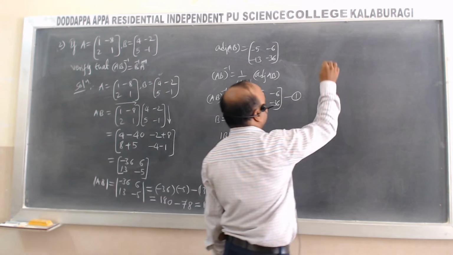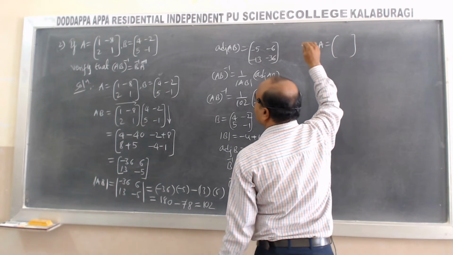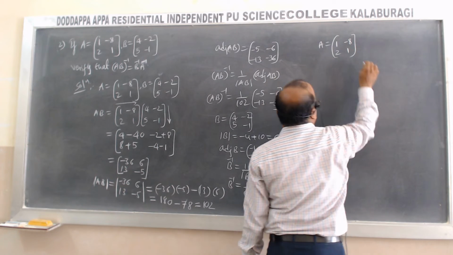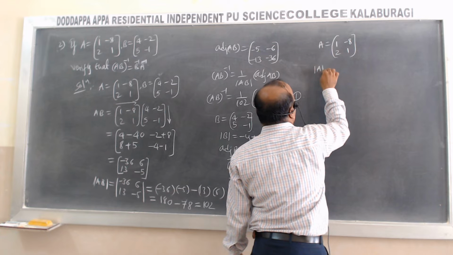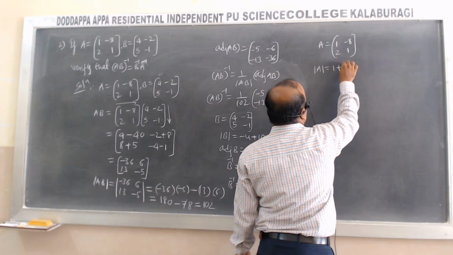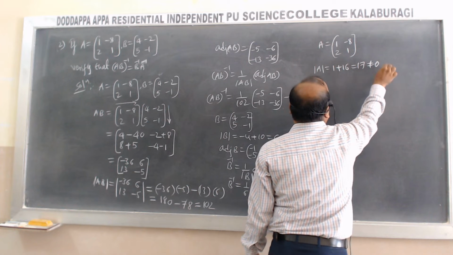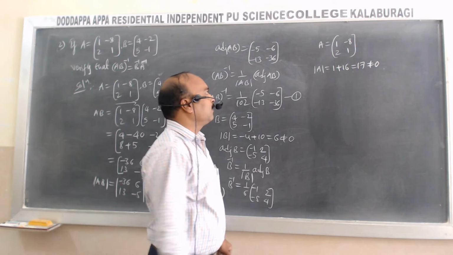Next we go for A inverse by using the A matrix. A is given as [1 -8; 2 1]. Now we find determinant of A, it is 1 plus 16, it is 17, which is not equal to 0. Therefore A is a non-singular matrix.